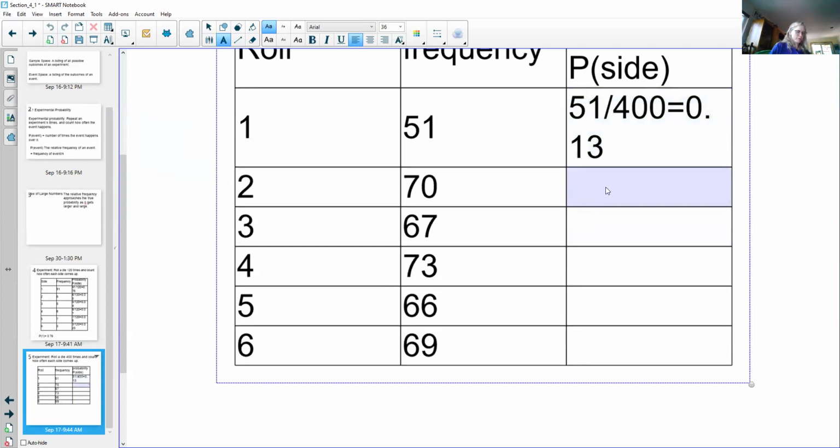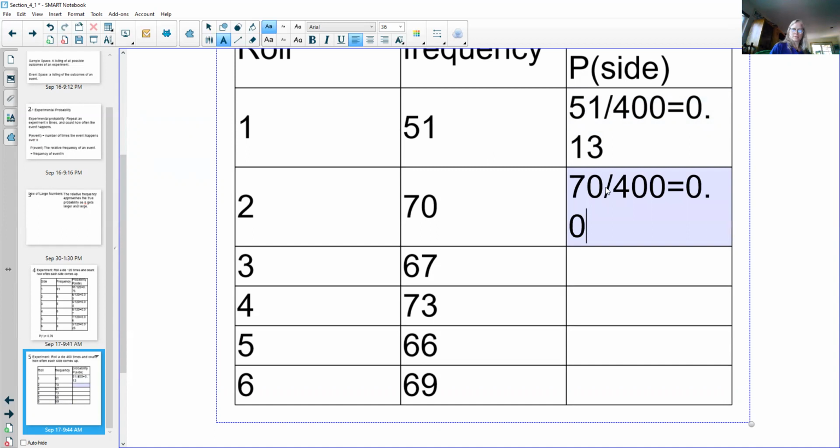And then we can do the same with 70 divided by 400, and that is approximately 0.18, sorry.